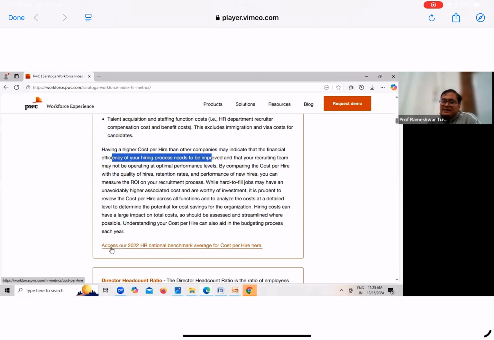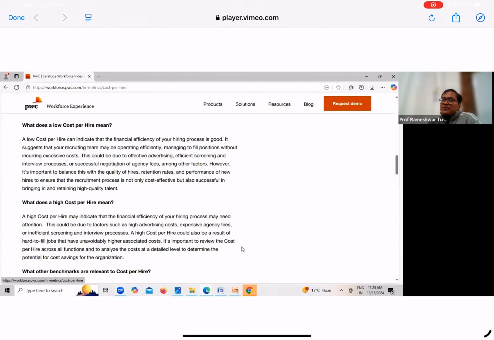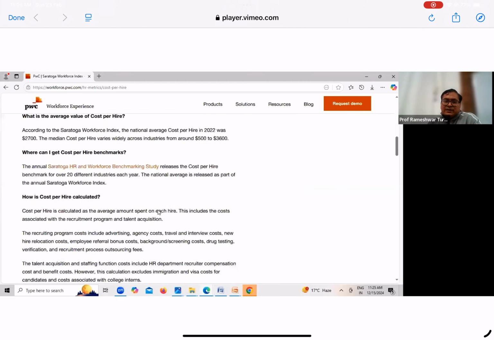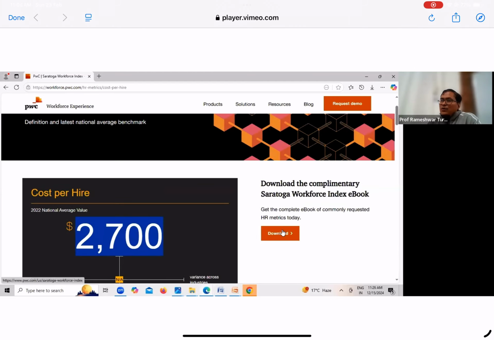And at the end, there is something called assess our 2022 HR national benchmark average for cost per hire. If you click on that link, it will show that the national average, probably the US value, for cost per hire is $2,700. If you want industry-wise numbers, there is a report that you can download.